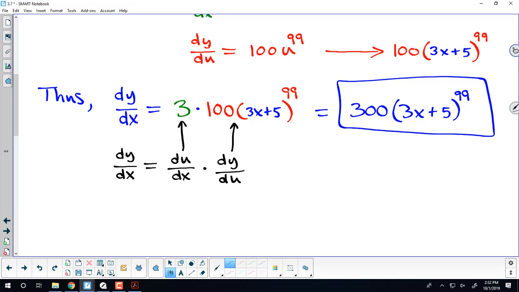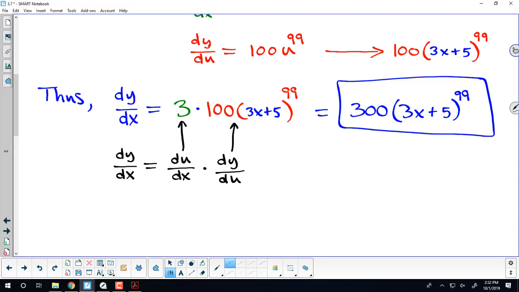Remember that notation. The du over dx just means take the derivative of the function we're calling u with respect to the variable x. And then the next one, take the derivative of the function we're calling y with respect to the variable u. u prime times y prime.